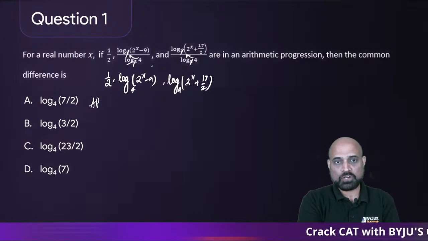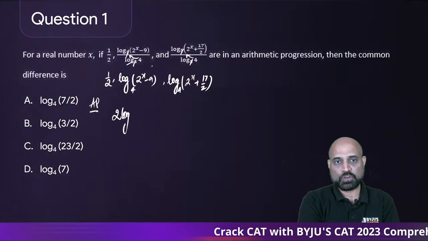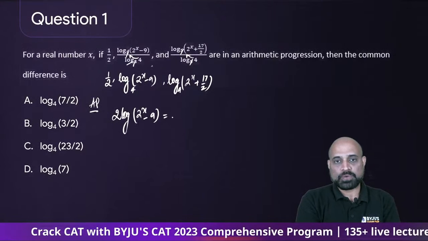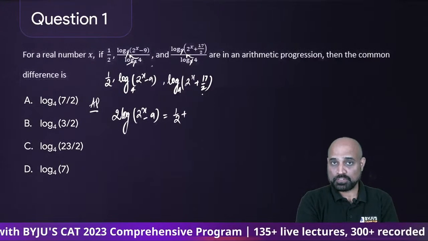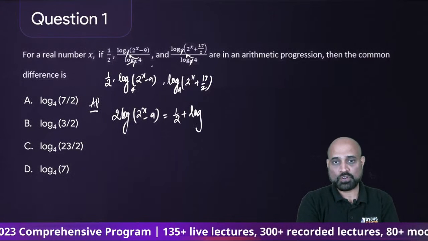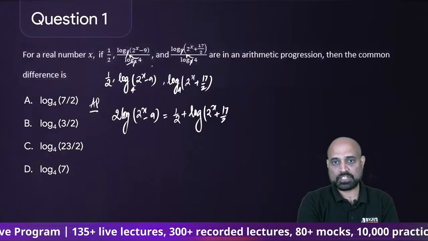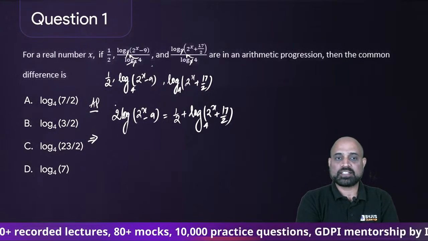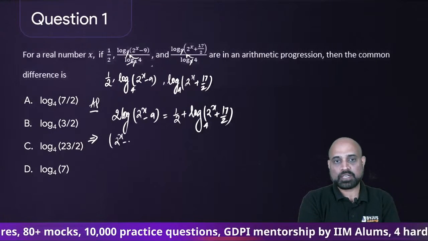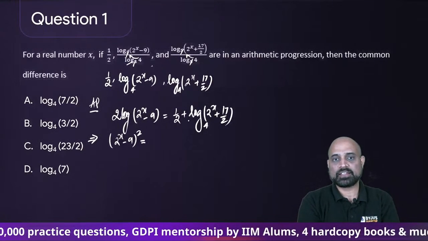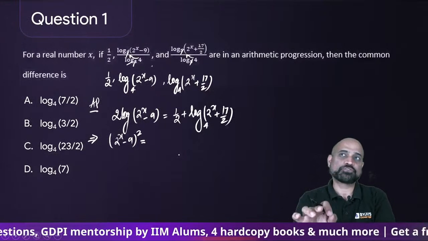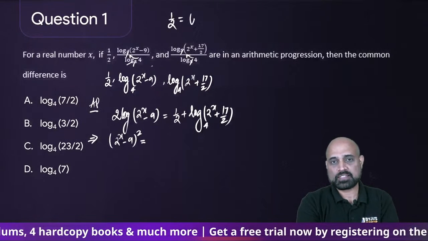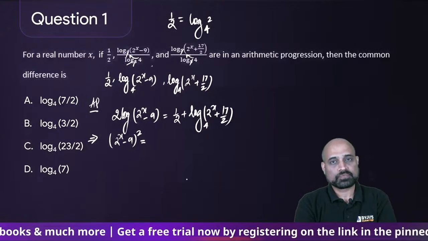So using the AP logic, 2 times log (2^x minus 9) is going to be the sum of the previous and the next term, which is half of log (2^x plus 17 by 2) to the base 4. Using one of the properties, the 2 will become the power, so this becomes (2^x minus 9) whole square, and we should write half in terms of log with the same base 4. So we can write half as log 2 to the base 4.